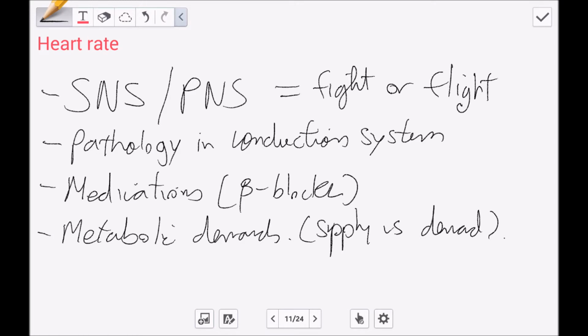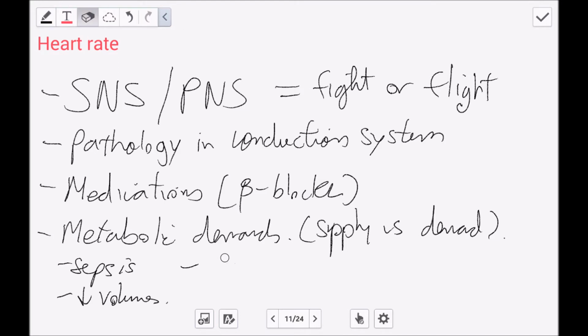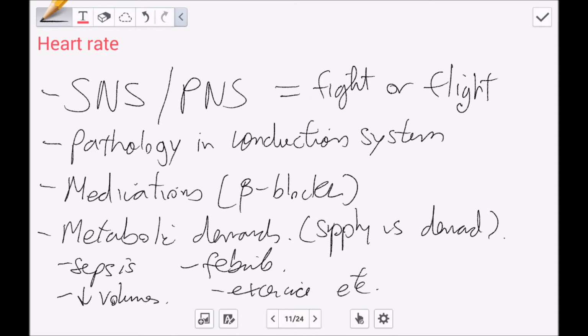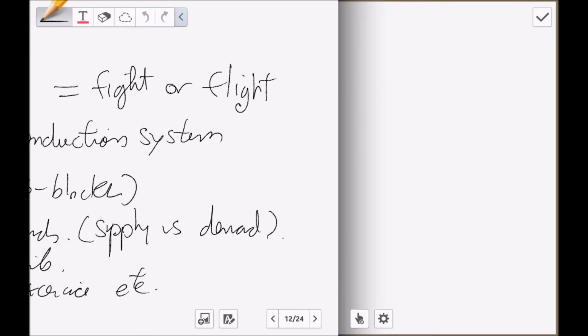And some of the metabolic demands will be, for example, sepsis, hypovolemia, low volumes, febrile, oops, sorry, not afebrile, we should put febrile instead, febrile, exercise, etc. So anything that would affect the supply and the demand of oxygen to the cells will affect the heart rate.